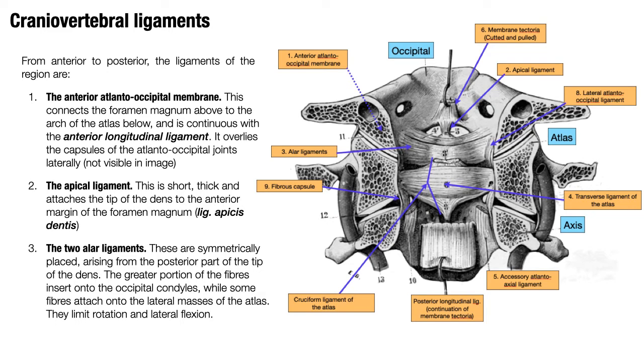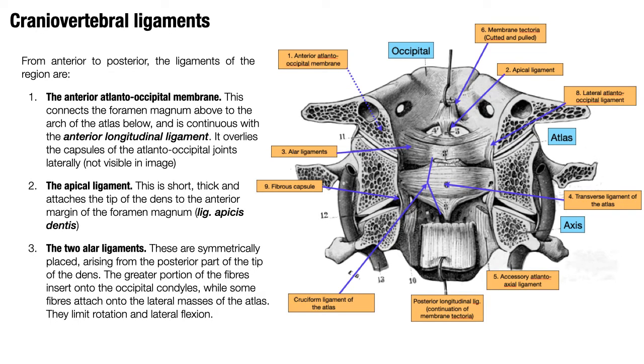First, the picture. How to look at this picture? Well, this is a posterior image of the area where the back of the vertebrae have been cut and it's showing the inside of the vertebral canal. So you see there are many ligaments on the inside of the vertebral canal.